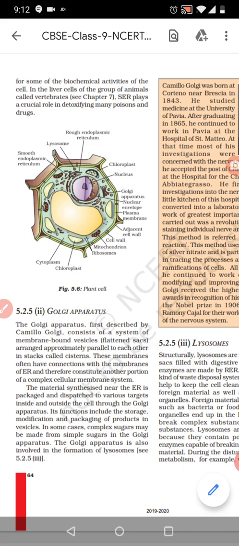That's why we can say that RER and SER together help in the building of a membrane, called membrane biogenesis. Membrane biogenesis, because it helps to make the plasma membrane. This is a very important function of the endoplasmic reticulum.